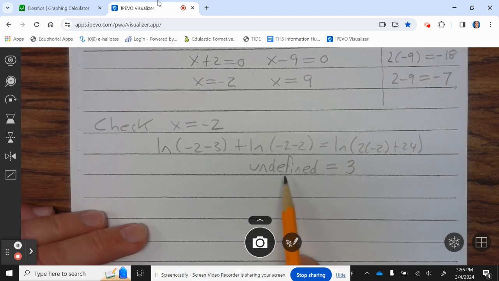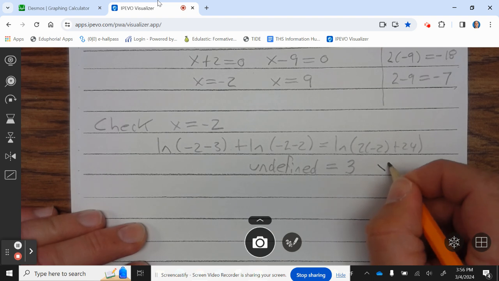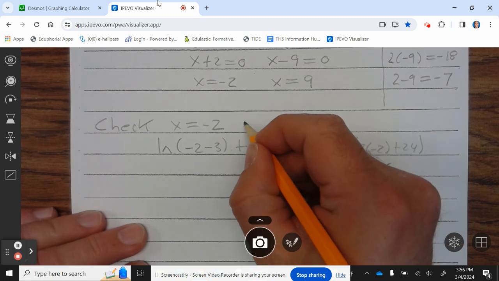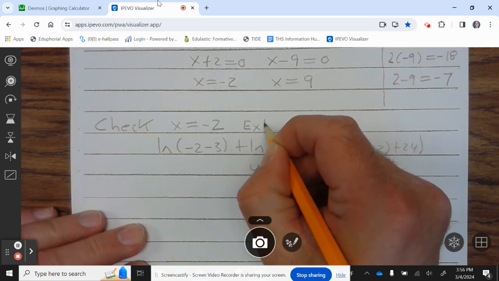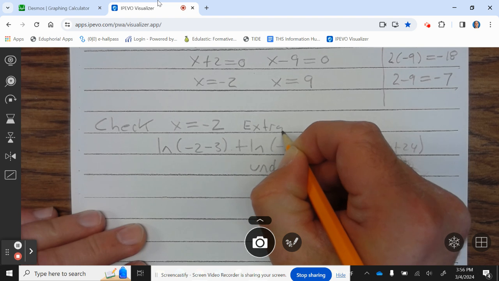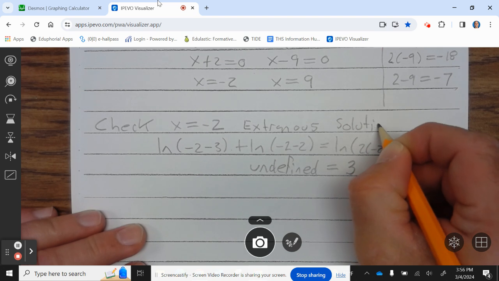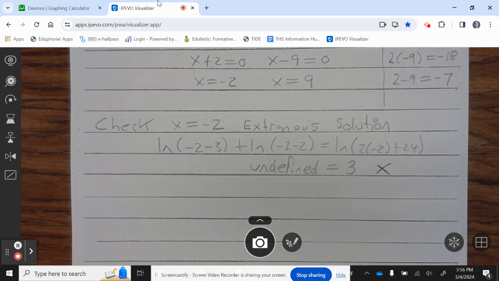Once you get undefined on either the left or right side, that means that this doesn't check. And now we can say that x equals negative 2 is an extraneous solution. Extraneous solution is when it appears to be a valid solution, but it doesn't check.